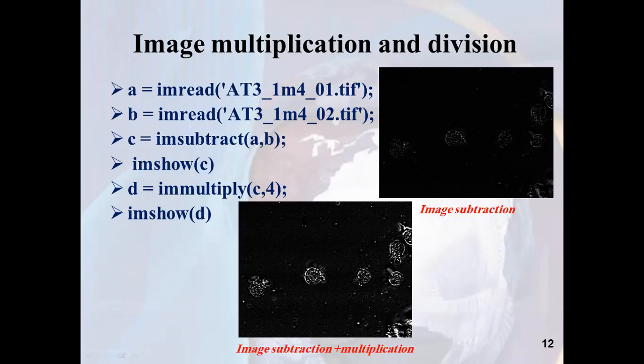Of course, this image is more powerful than the other one. So when we subtract two images, after the subtraction we multiply by a constant number, 4, 5, 3, etc., in order to enhance the difference and to see very well the motion of any element that changed between the two frames or images.